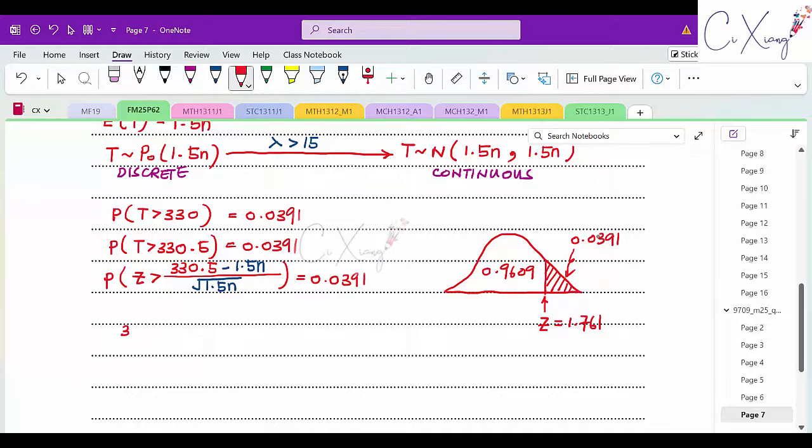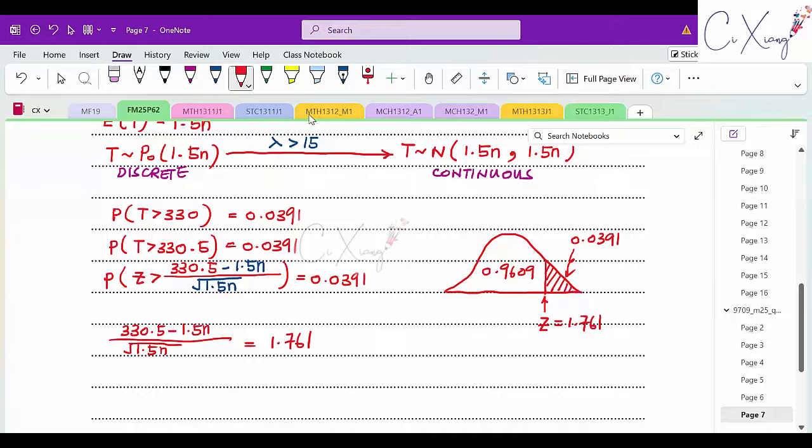So it's very obvious that you're having 330.5 minus 1.5n divided by square root 0.5n equals the value of z, which is 1.761. Sorry, this is the value of z. I hope that until this particular step, you understand what I am doing here.